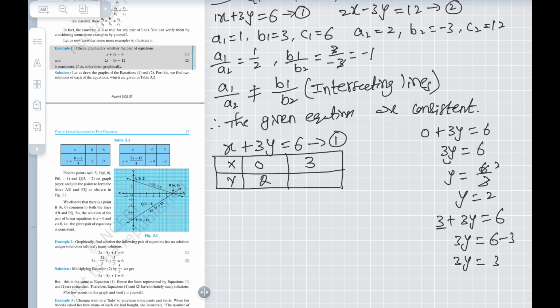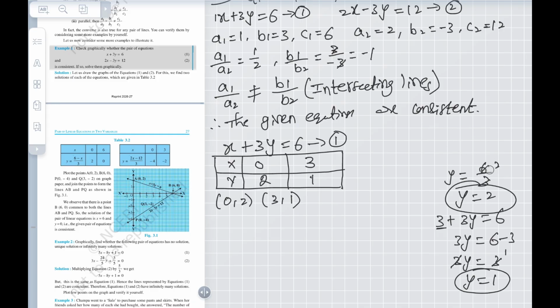Now 3 is attached with y, so you send it to the other side and it becomes division. You can cancel here itself. So y value equals 1. You got the points: (0, 2) is 1 point, and (3, 1) is another point. I hope you understand how to find the points.